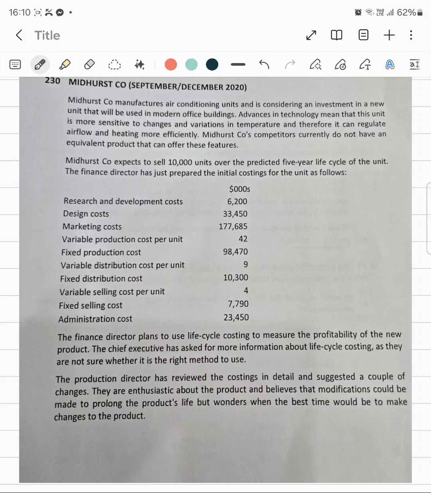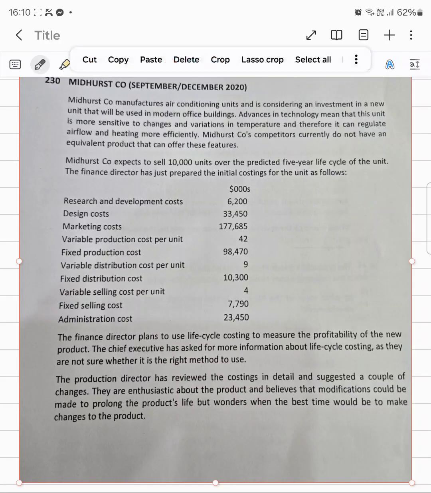So we have to calculate the per unit cost of the research and development cost for the unit. Now, is the research and development cost supposed to be a per unit cost?